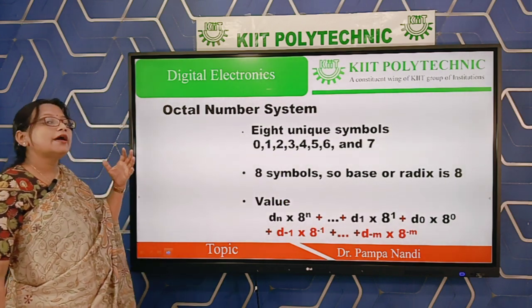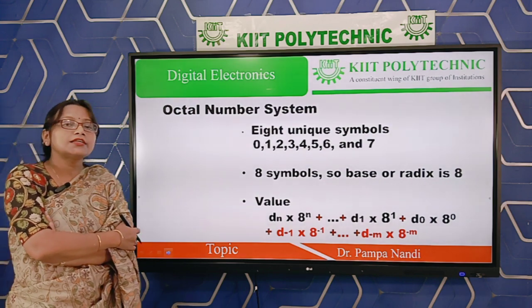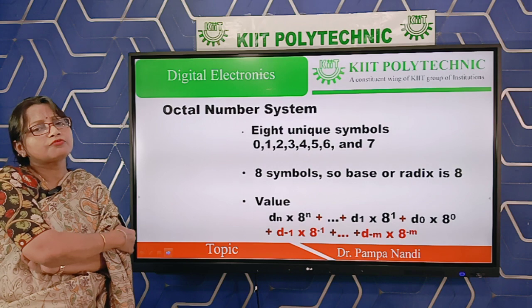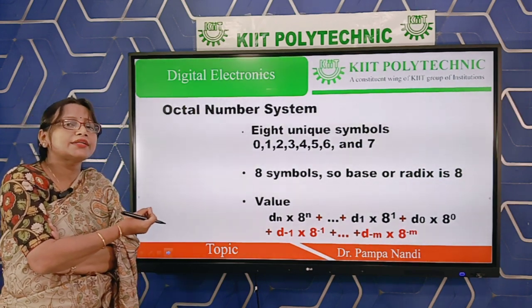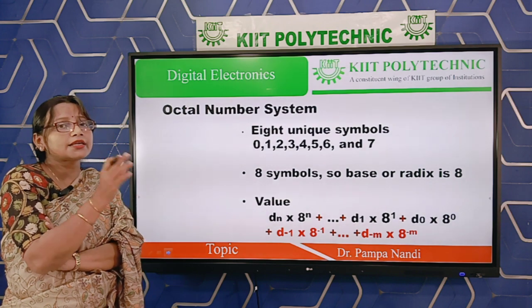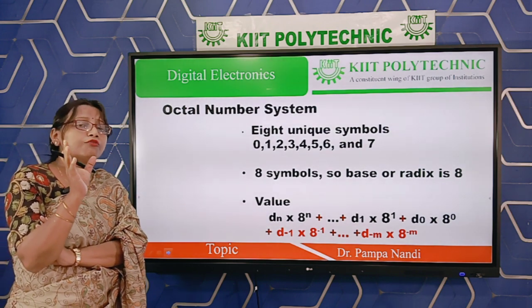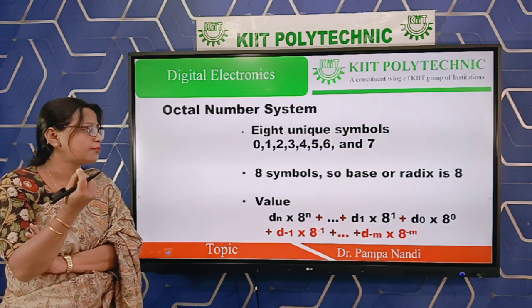Then octal. As I said, digital is only binary, having 0 and 1. You have just seen that to represent a simple 11 in binary, it required 4 digits to represent a small number.